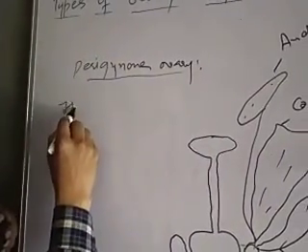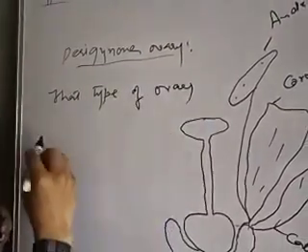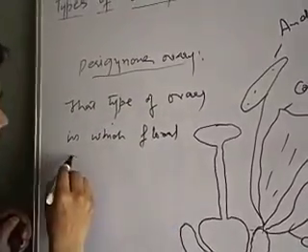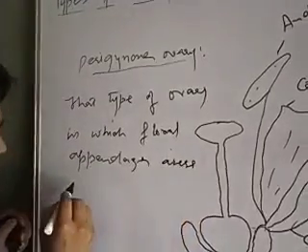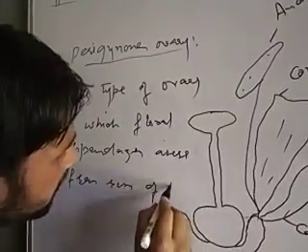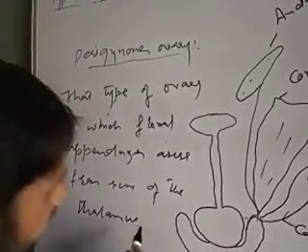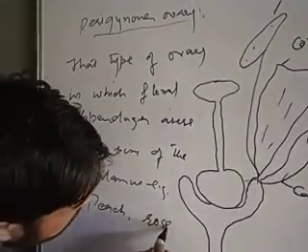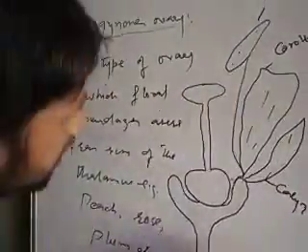It is that type of ovary in which floral appendages arise from the rim of the thalamus. For example, peach, rose, plum, etc. These are the examples of this perigynous type of ovary.